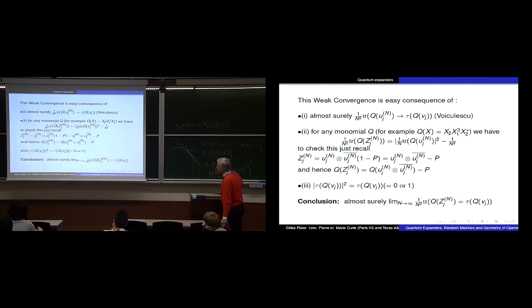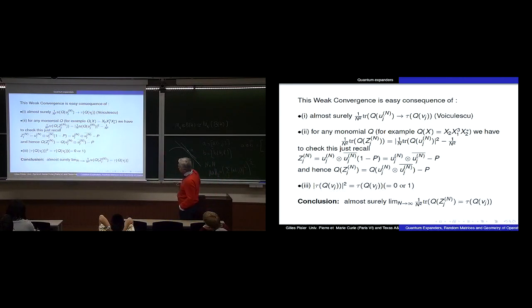So the weak convergence in this setting is actually an easy consequence of known results. First, a result of Voiculescu that says that if you just select the unitaries, you don't bring this z up, then they converge to this free family V_j associated to the free generators in distribution, so in this weak moment condition.